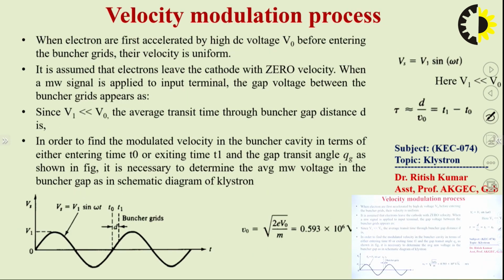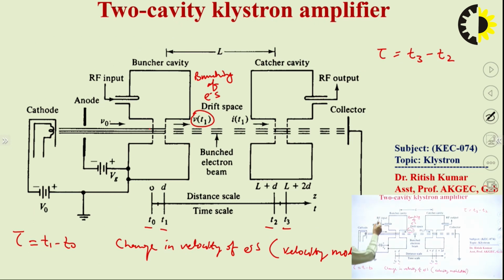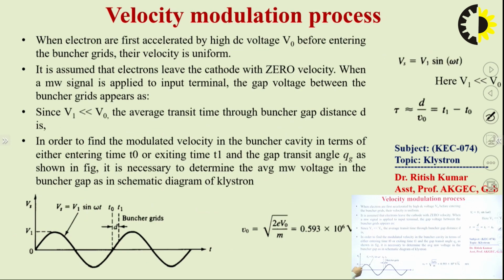Now, how does the velocity modulation take place in the klystron amplifier? This is the RF signal that we have applied at the buncher cavity. Here you can see the positive half cycle, negative half cycle, positive, negative half cycle.